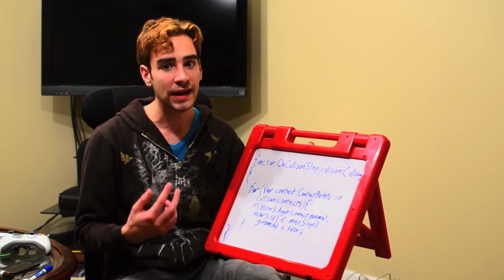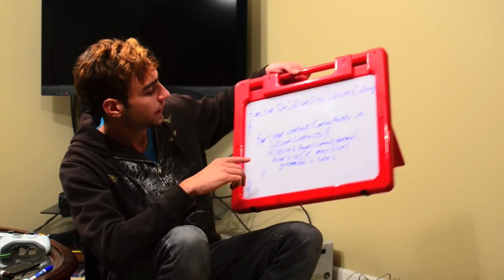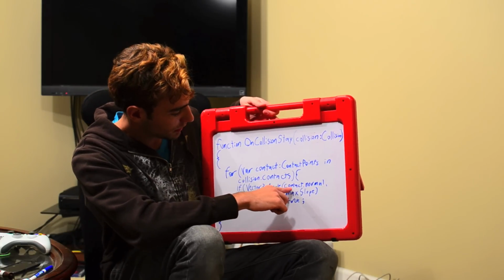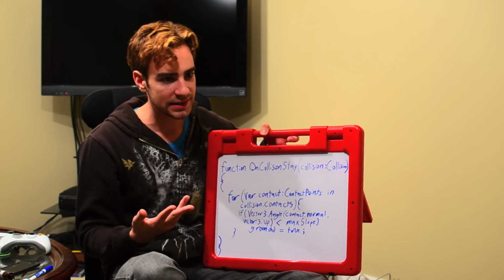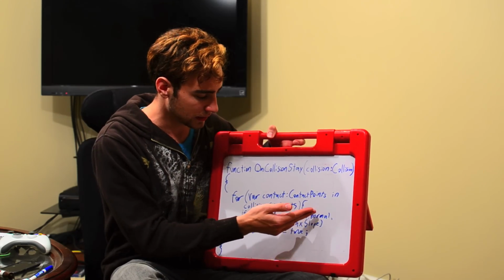So we're going to use that to measure what direction the ground is facing, or if it is too sloped for us to jump from. If we have a flat surface, that's going to be pointing straight upwards, and we're measuring against contact.normal, and contact.normal is going to be the contact point, and the normal is basically, alright, so we have a plane.